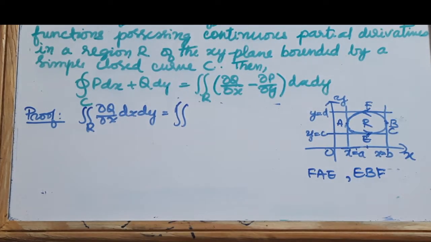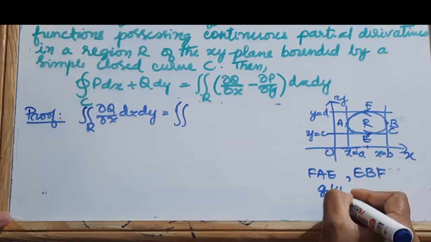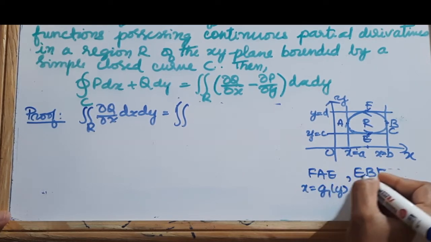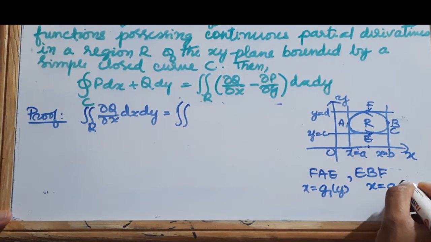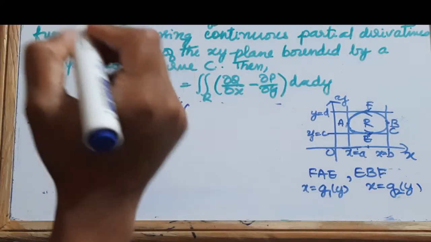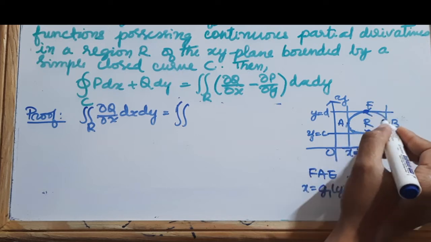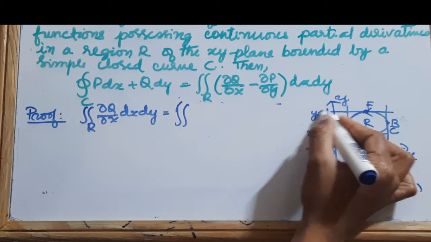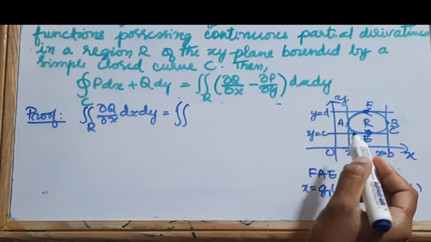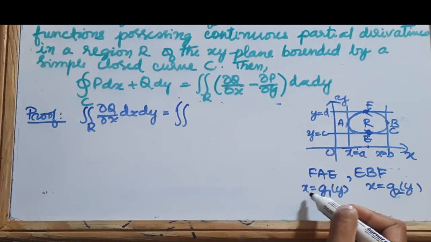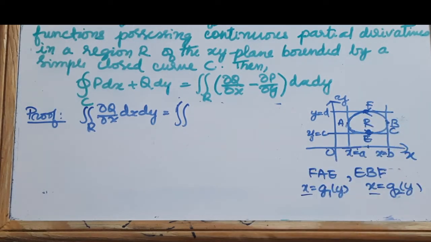These are the two curves what I have now, and I will call them G1(y) and G2(y). x equal to G1(y) is the equation of this curve, and x equal to G2(y) is the equation of this term. Now why I am doing this is I am breaking at these two points over here, and therefore I have the constant limits for y, from y equal to c to y equal to d, and other than the constant limits, x is my variable limit, therefore I am taking the curve this one.